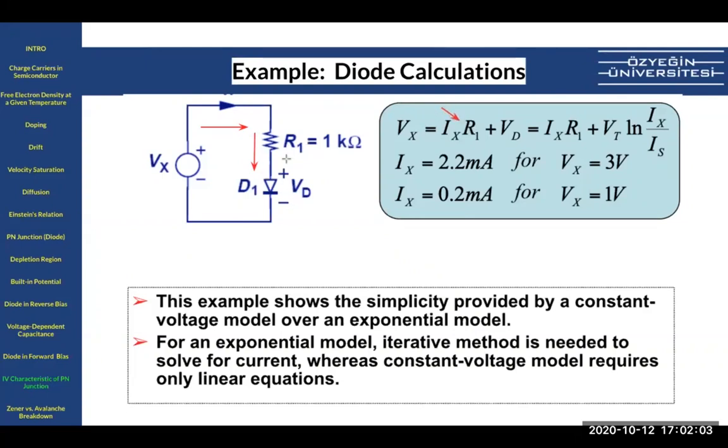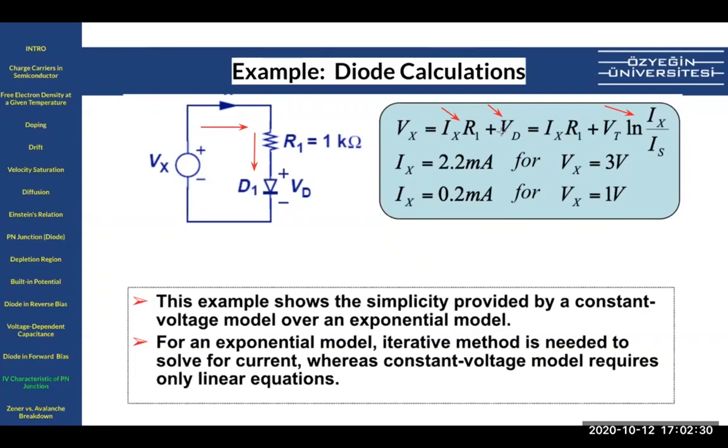The voltage drop over this diode, as we mentioned, is usually 0.7 to 0.8, but we don't know exactly how much, so we call it VD. And the diode current, as you remember from the previous slides, is a function of the saturation current and so on.